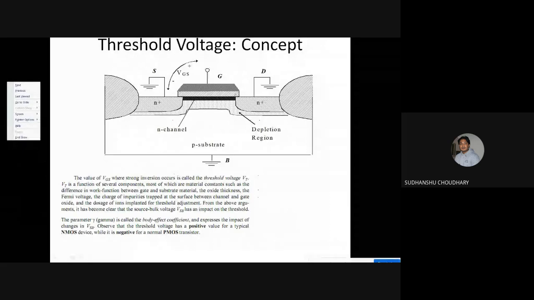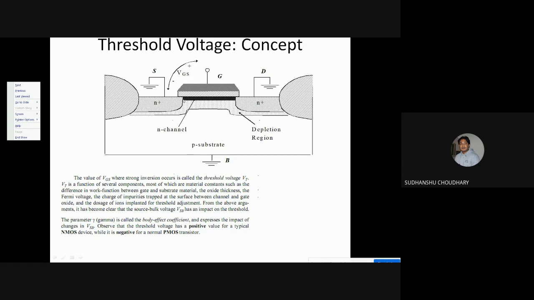Now for this MOSFET to operate, that is, to be used as an on-off switch, one needs to create a channel. For conducting between drain and source, we need to have a channel in between.